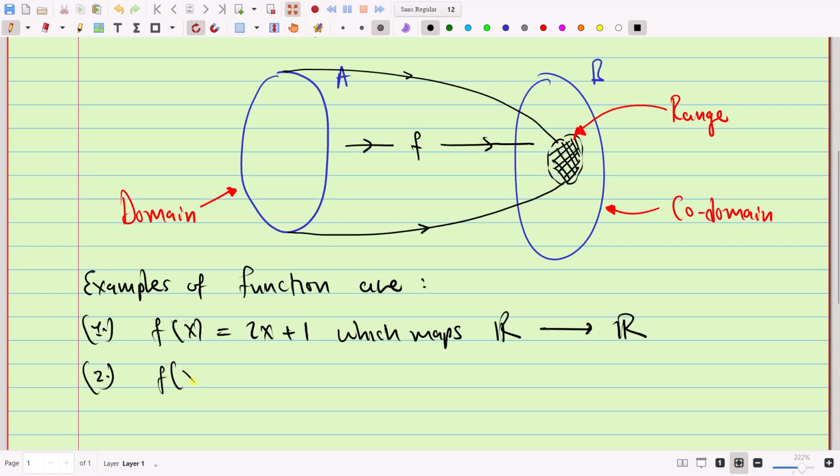Then 2, we also have other types of function, f, which is just 3.52x plus 1, which maps real numbers to some set B, which is a subset of the real numbers. All these are different examples of what we refer to as functions.